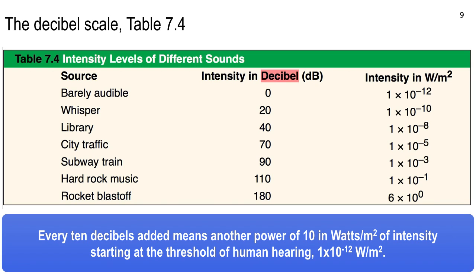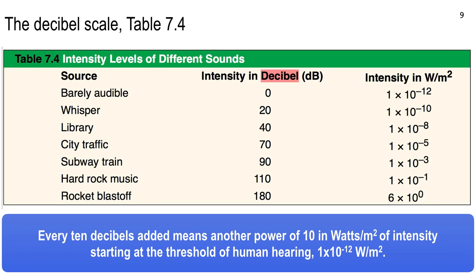Okay, anyways, so whisper, 20 decibels, is pretty low, and notice in the third row, the middle column, whispering is 20 decibels, which is 1 times 10 to the minus 10 watts per square meter.